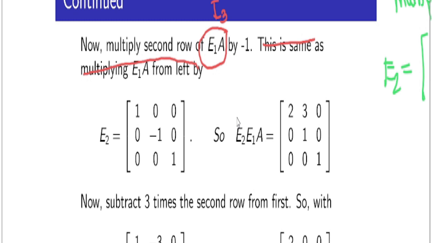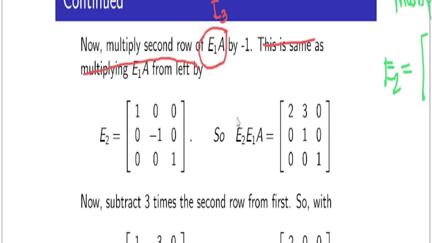Now take E2 to A. E2 is equal to 1 0 0, 0 1 0, 0 0 1.